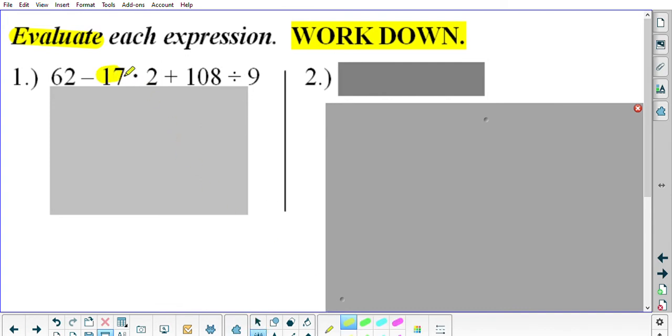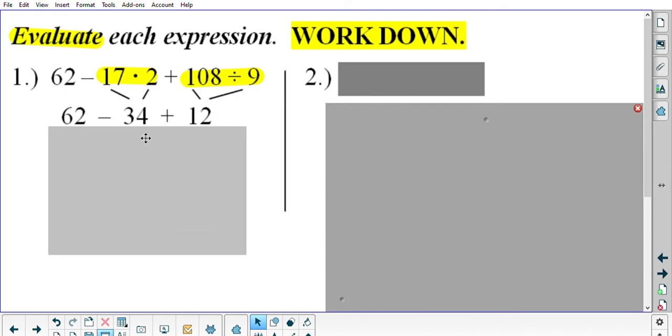So, you can see 17 times 2, that is multiplication. But also 108 divided by 9, that is division. We're supposed to do multiplication and division going left to right. So 17 times 2, we'll do that first. That gives us 34. But we can also now go to the right where we had the division.